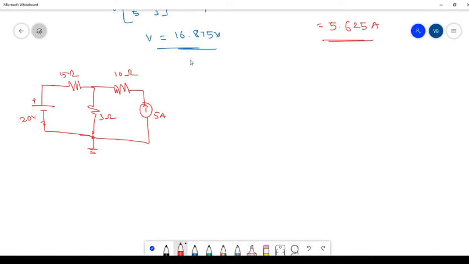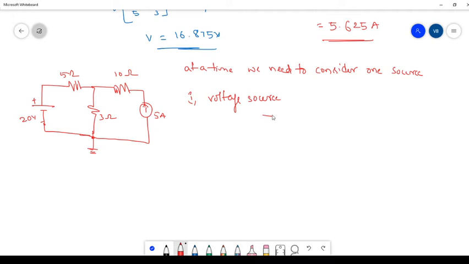So what is the superposition principle? At a time we need to consider only one source. So while considering the voltage source, first I am going to consider the voltage source.